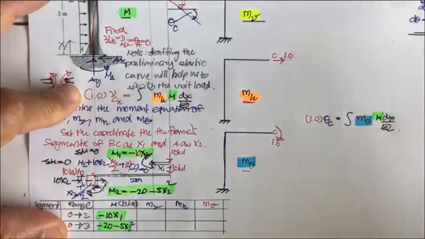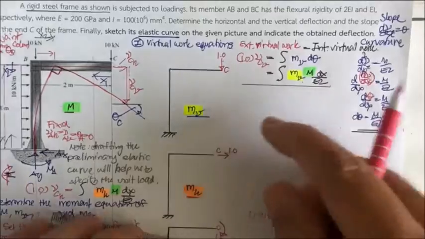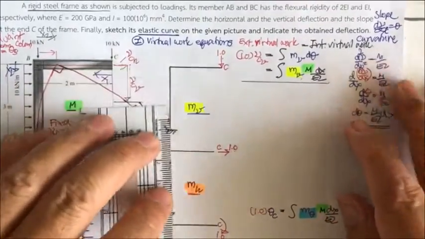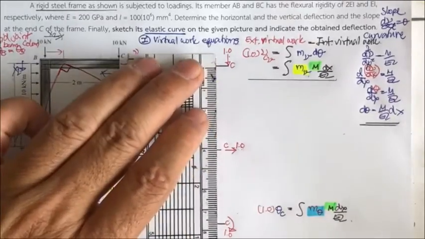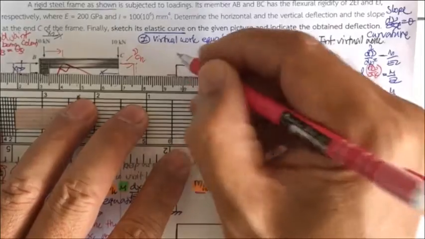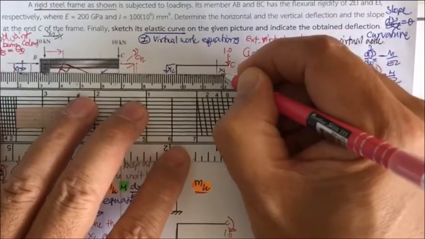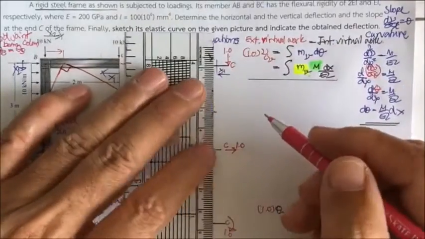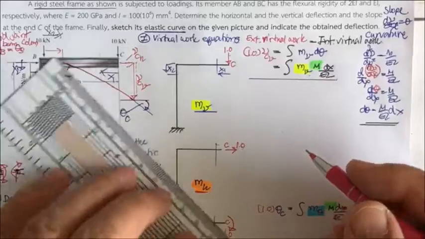Okay, next we come to the virtual work equation. When you put x1 here and x2 here, you're going to put the same here. This one is going to be x1, this one is going to be x2, this is x2, this is going to be x1. You got to put all of that into your beam.